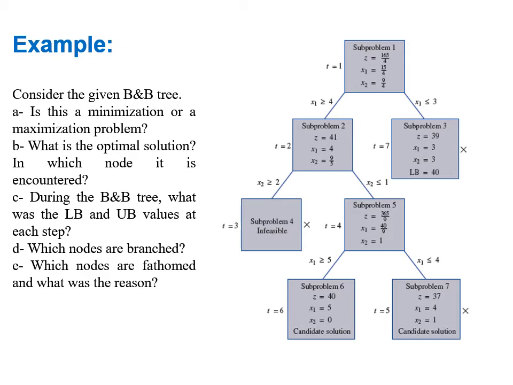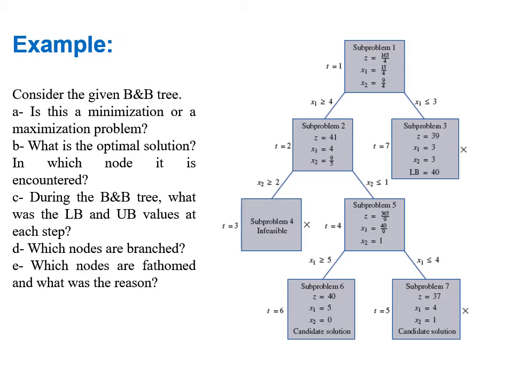So part B asks for the optimal solution and in which node we encountered this optimum solution. Okay, in part A we understood that this is a maximization problem. Then in order to find the optimum solution, we need to look for the candidate solutions and the fathomed branches.